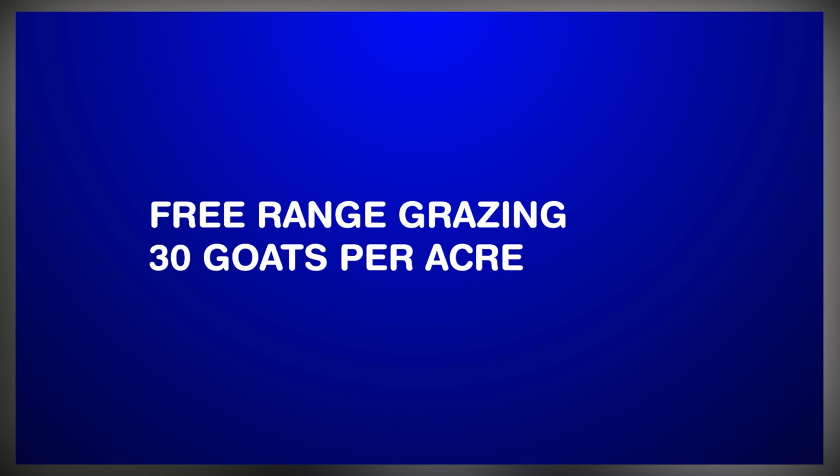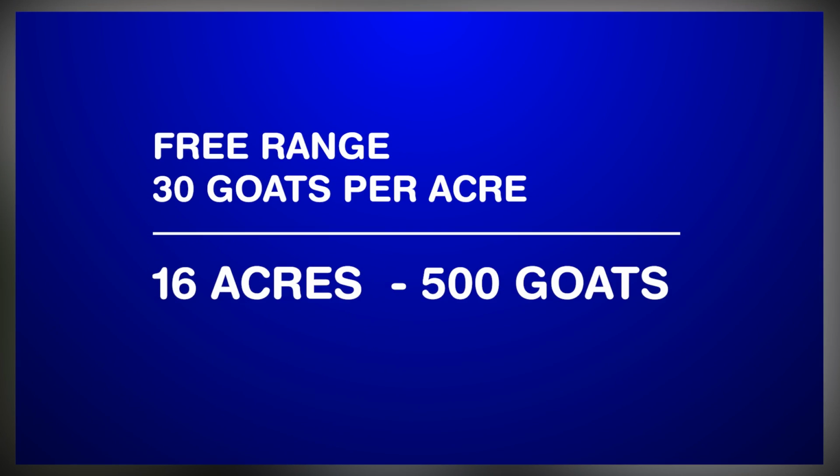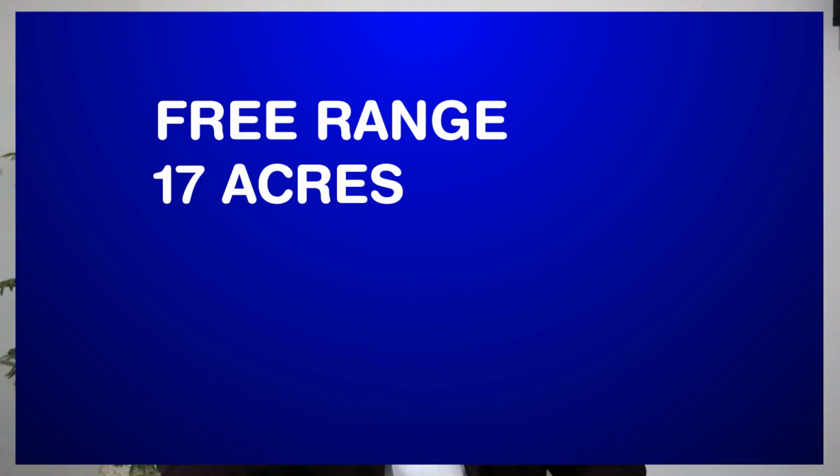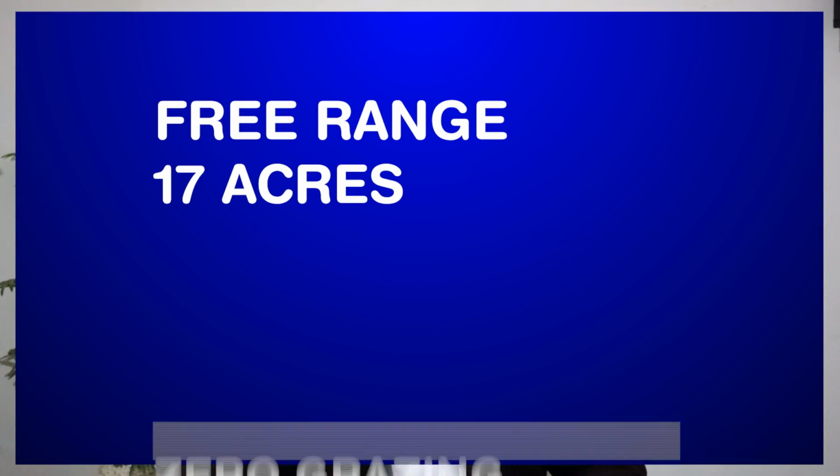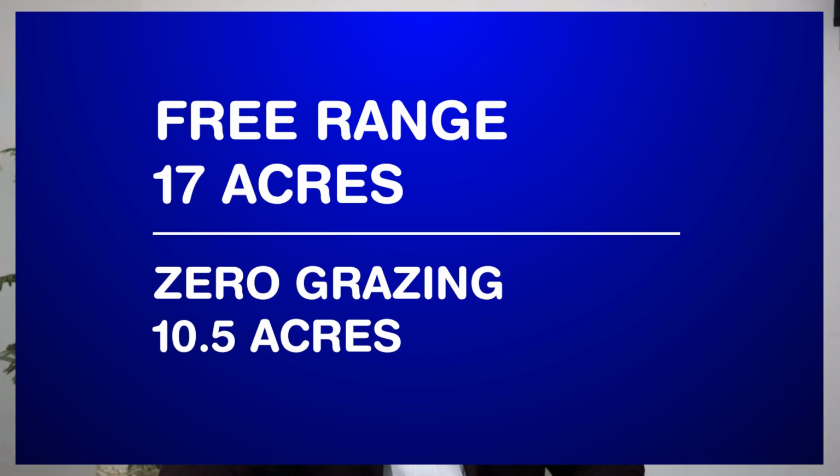If we go to free range, you need 30 goats per acre. That means if you're looking at doing 500, we need 16 to 17 acres. So you will need 17 acres for free range and 10.5 acres for zero grazing.